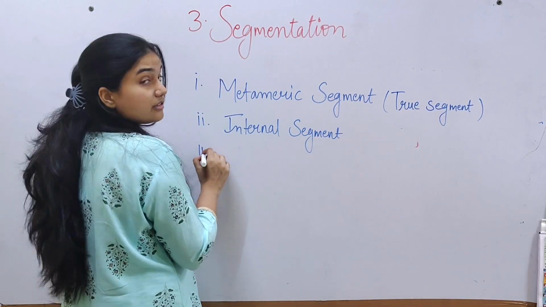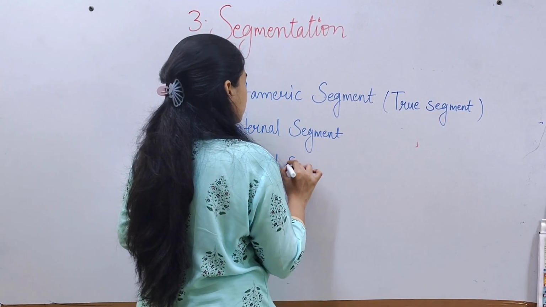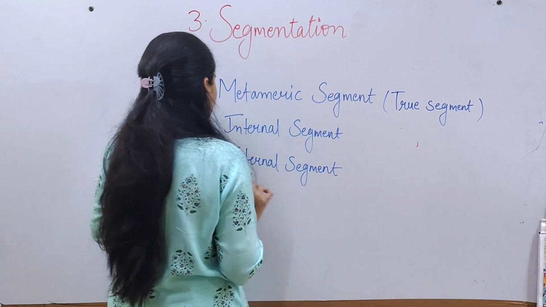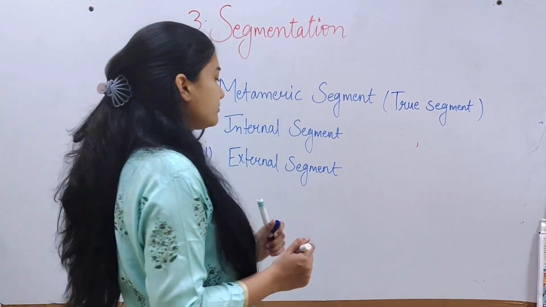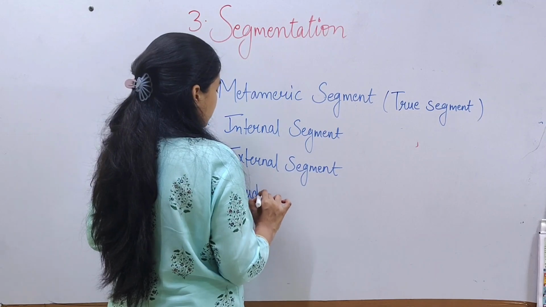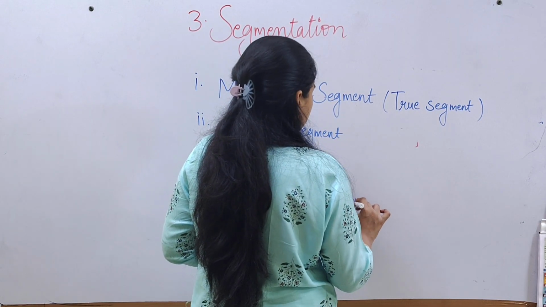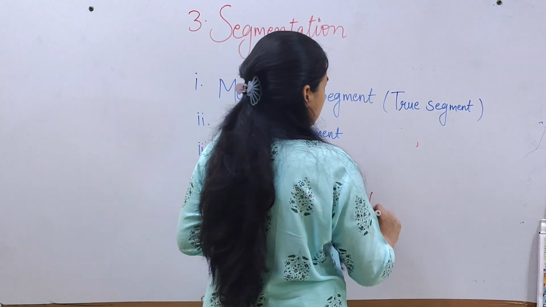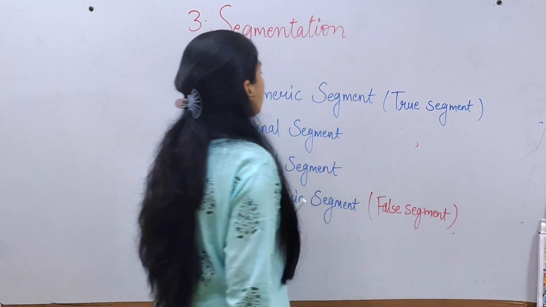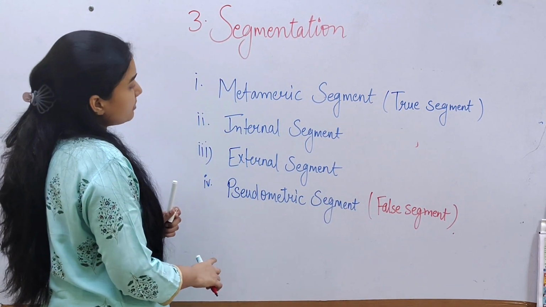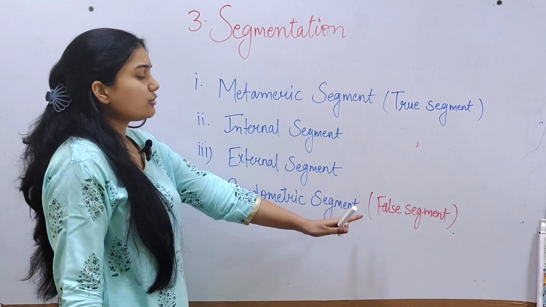Third one is external segment. And the last is pseudometameric segmentation, which is also known as false segment.